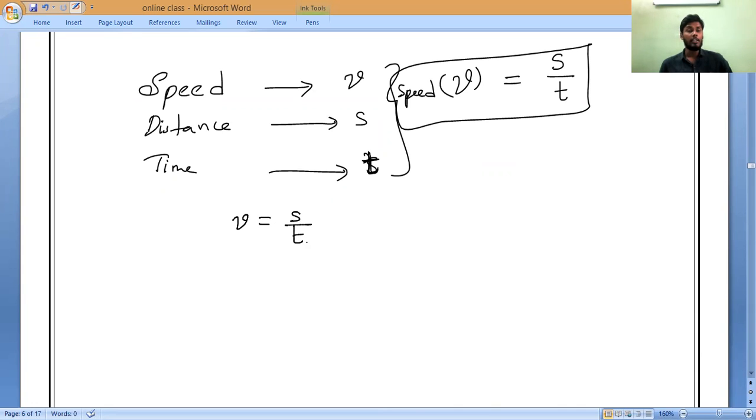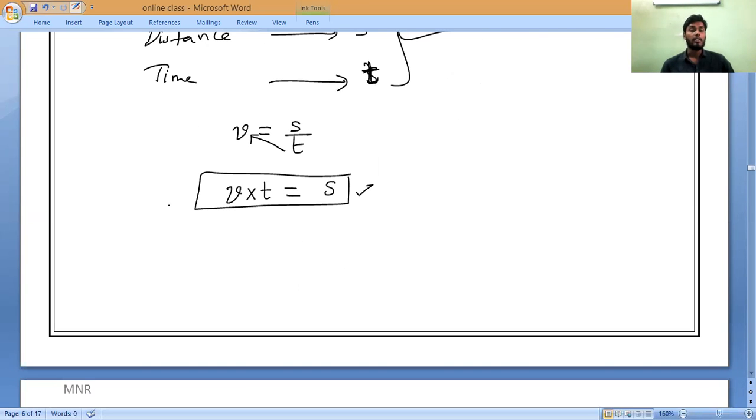Now, time is in division, so time will come to this side and become multiplication. So speed into time will always give you distance.